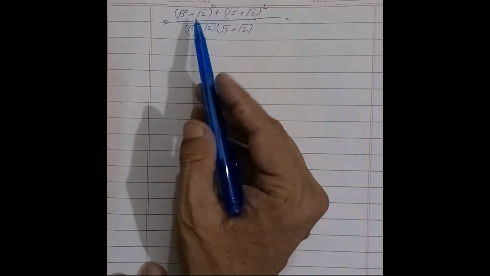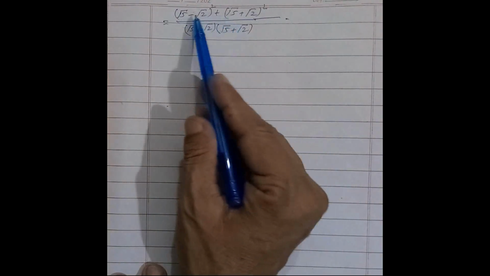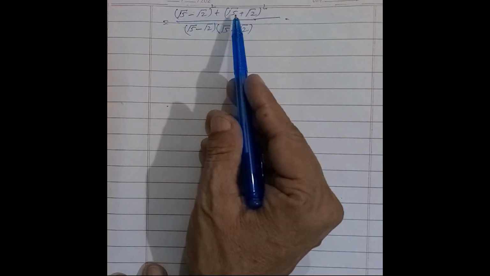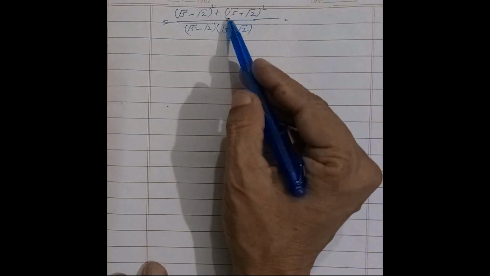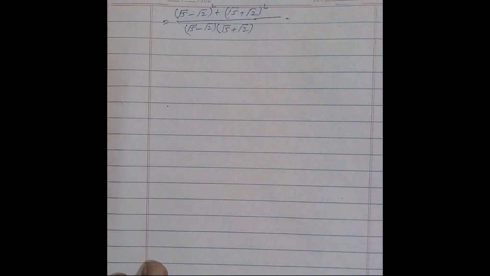And by applying the formula a plus b whole square plus a minus b whole square, the answer is 2 times a square plus b square.